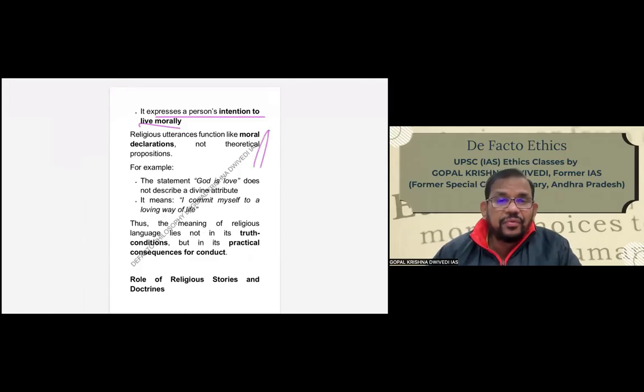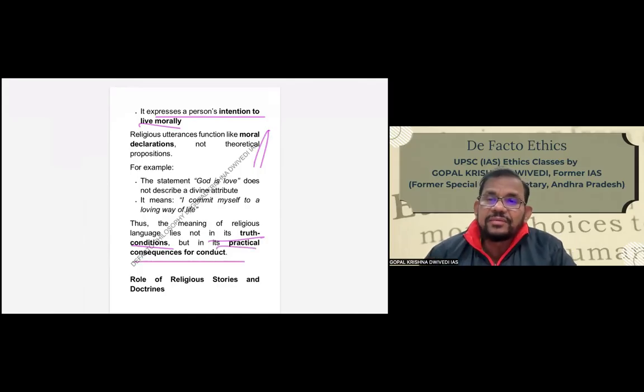This is his view. He says, for example, that the statement God is love does not describe any divine attribute. Rather, it means I commit myself to a loving way of life. So the meaning of religious language lies not in its truth conditions, but in its practical consequences for conduct.